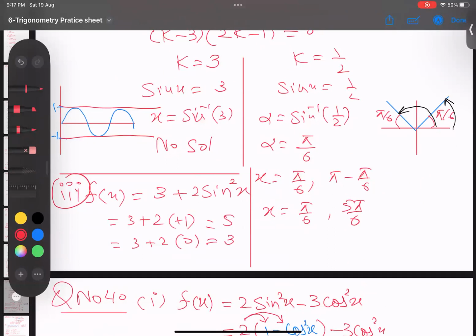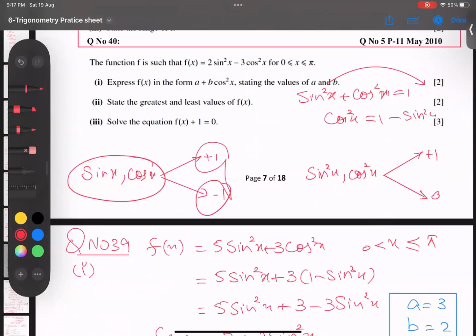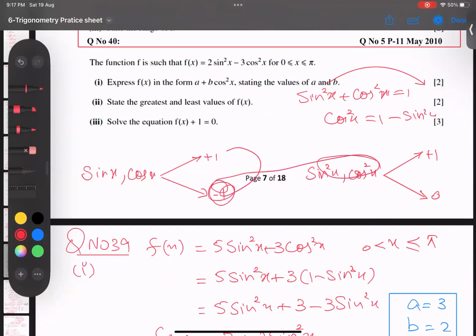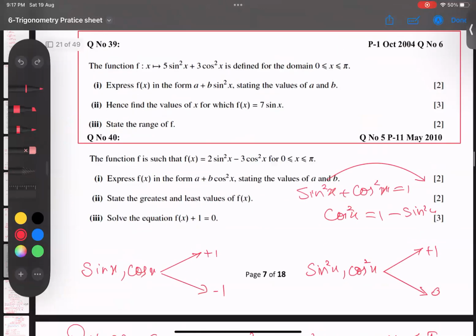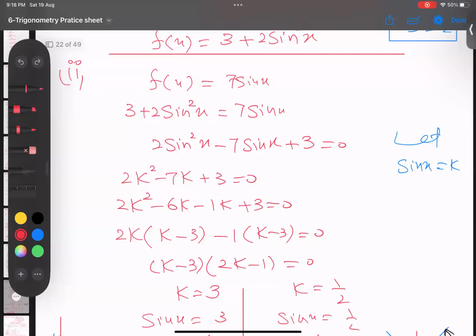The range coming from here is: highest is 5 and lowest is 3, and this is my final answer. Now you can ask me, why not -1, sir? It is +1 and -1 in the case of sine, but +1 and 0 in the case of sine square and cos square. Squaring will convert a negative value into positive, so the lowest value will convert to 0. That 0 stays here. There's a logic behind it. So I hope the point is very clear about this range he was asking for. So Alhamdulillah Rabbil Alameen, the concept is clear.